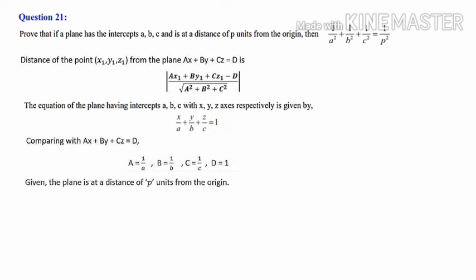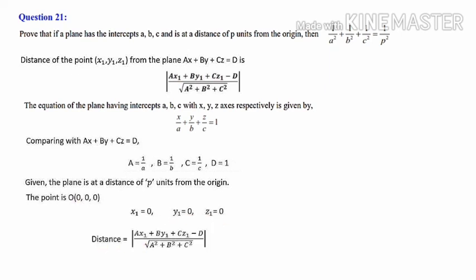Then the given plane is at a distance of p units from the origin. The origin coordinates we know are 0, 0, 0. That means x1, y1, z1 are 0, 0 and 0. Let's substitute in the distance formula, that is modulus of Ax1 plus By1 plus Cz1 minus D divided by root of A square plus B square plus C square.